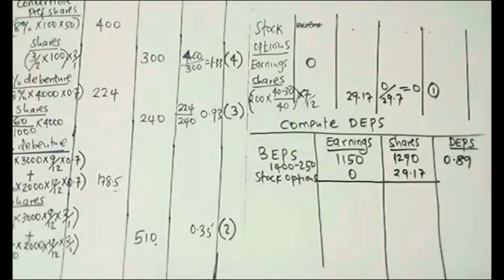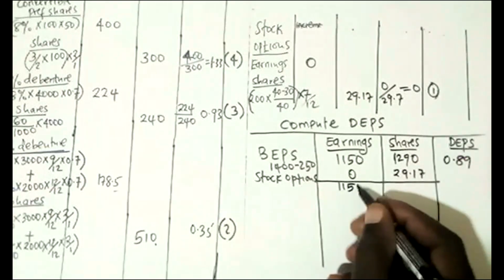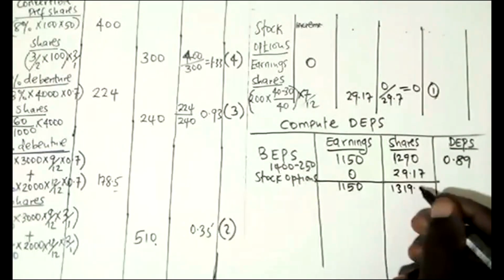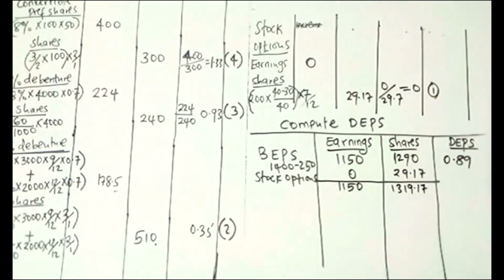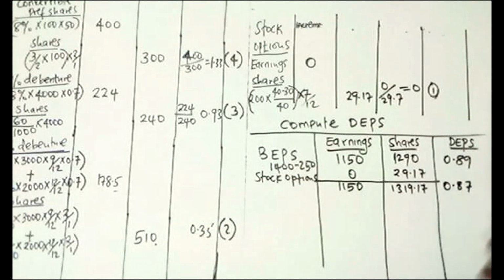You add the two, you divide. So here we have 1150 over 1290 plus 29.17. We have 1319.17. So 1150 divided by the answer, 0.87.